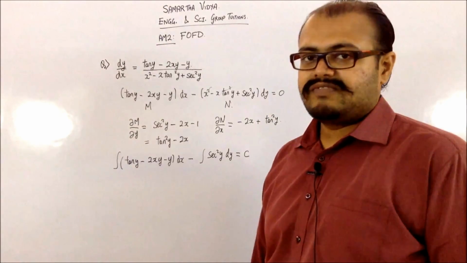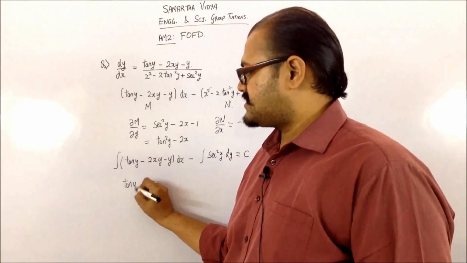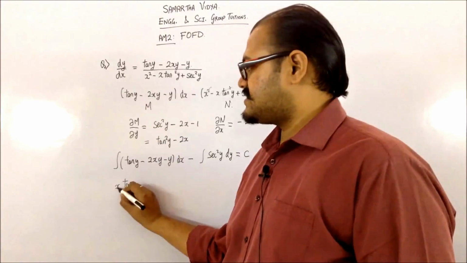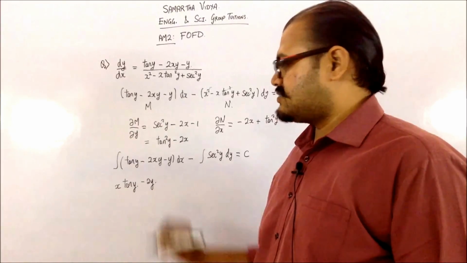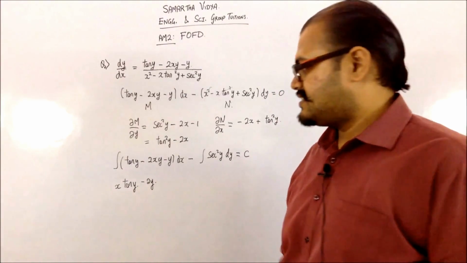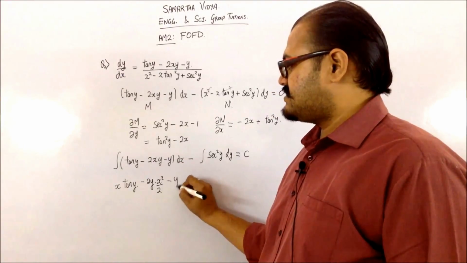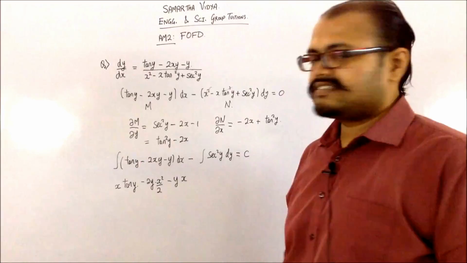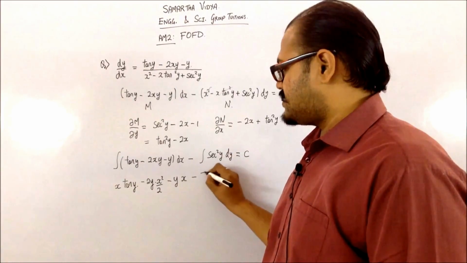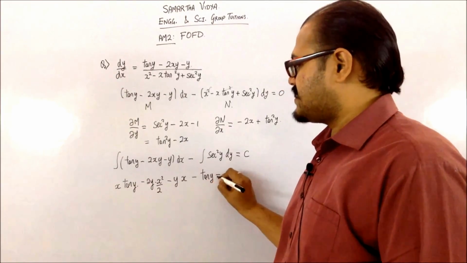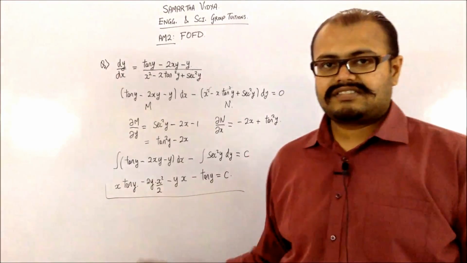Now in this we are keeping y constant, so your tan y is outside and it's going to be integration of dx, which is x. In this your 2y is constant, so your minus 2y will be outside, and the integration of x is x square by 2. Keeping the same thing, you will have this as minus yx. For this you have a minus x square y, which is nothing but tan y is equal to c. On solving this, you will be getting the solution of this form.